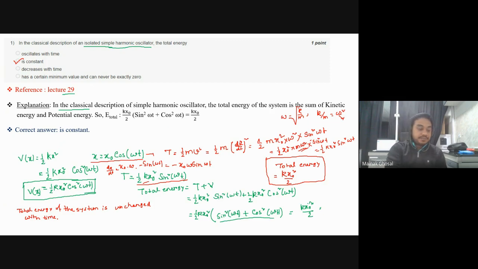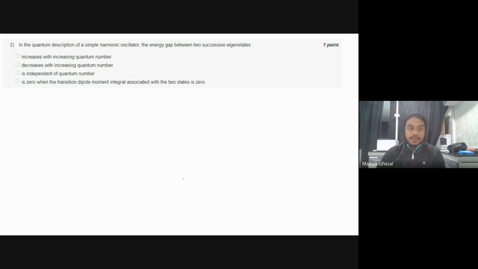Okay. Now I'm moving to the next problem, which I am going to discuss. The problem is in the quantum description of the simple harmonic oscillator. From this, there is a sudden jump from classical to quantum mechanical. In the quantum description of the simple harmonic oscillator, what will be the description of the energy gap between two successive eigenstates?